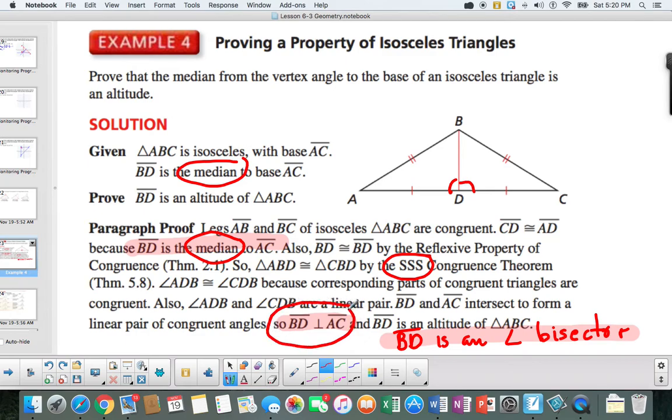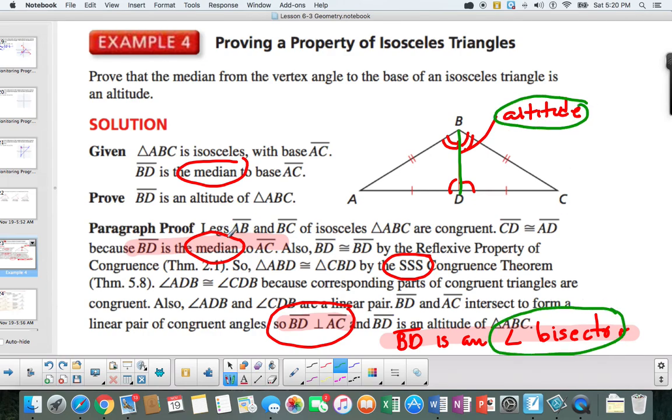So not only is this a median, but this can also be called an altitude. And since the triangles are congruent, these angles are congruent, so it can also be called an angle bisector. So this one segment right here plays the part of 3: altitude, angle bisector, and median.